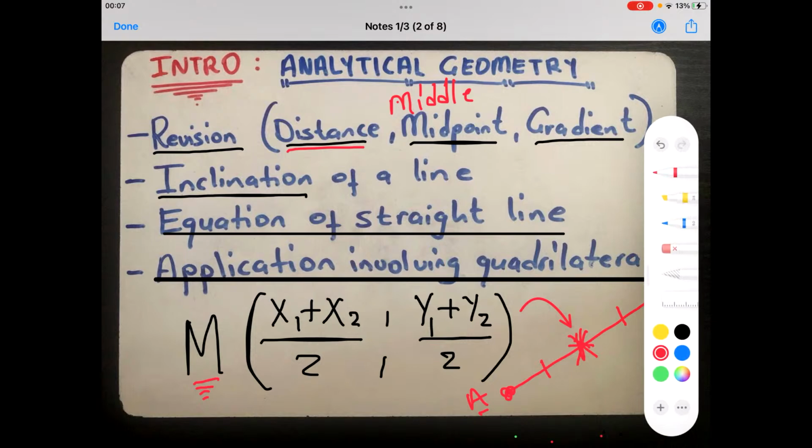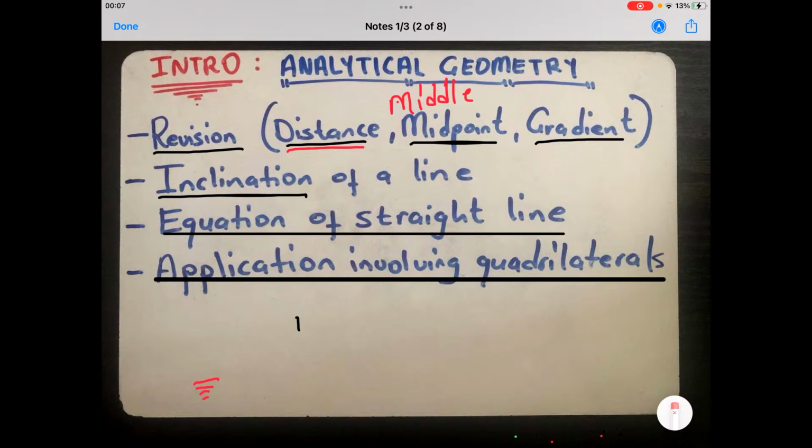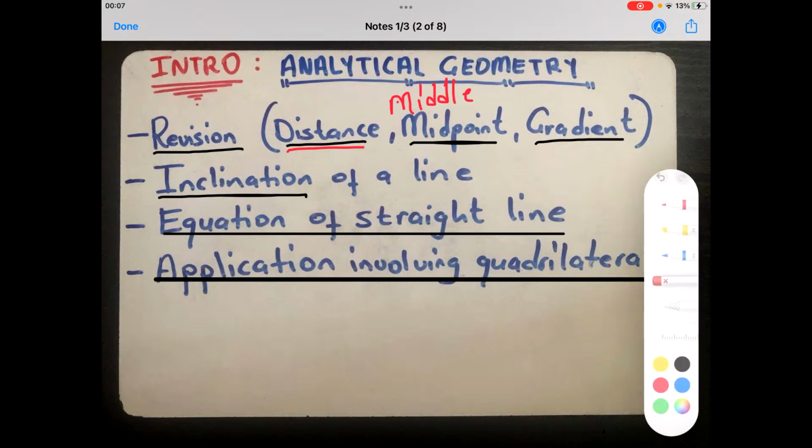So let's say that formula is what we use to calculate the middle point. Very quickly, let's discuss the gradient formula. Gradient may be represented by a small letter m, or otherwise g for gradient.